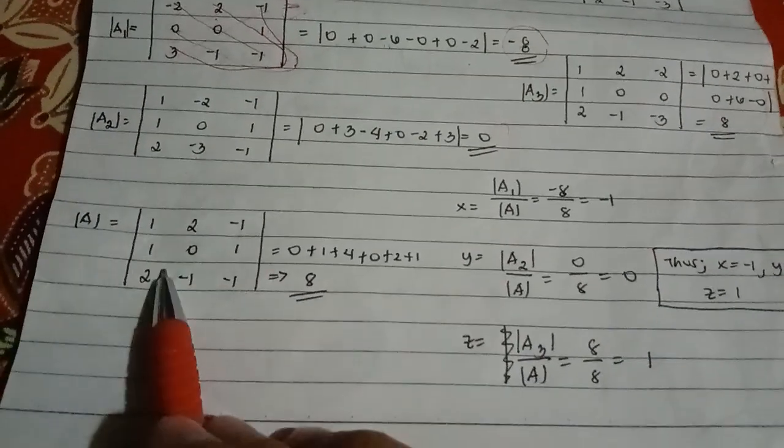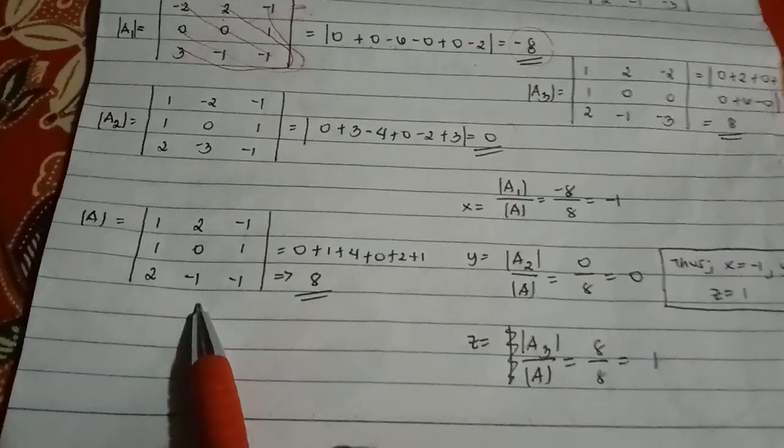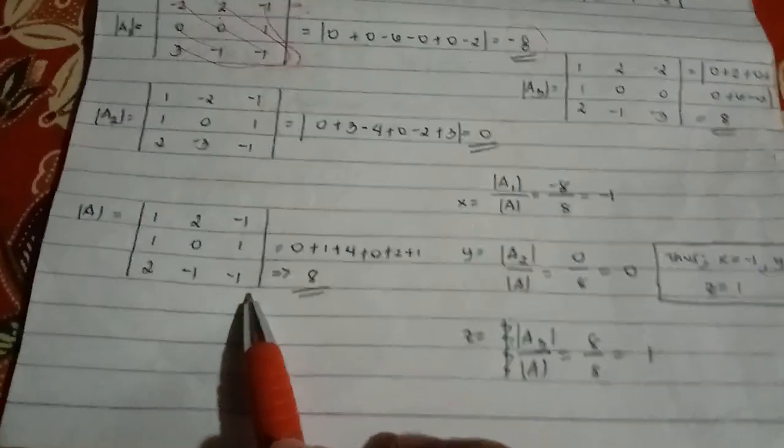So next is the determinant of A. The given is 1, 1, 2, 2, 0, negative 1, negative 1, 1, negative 1.